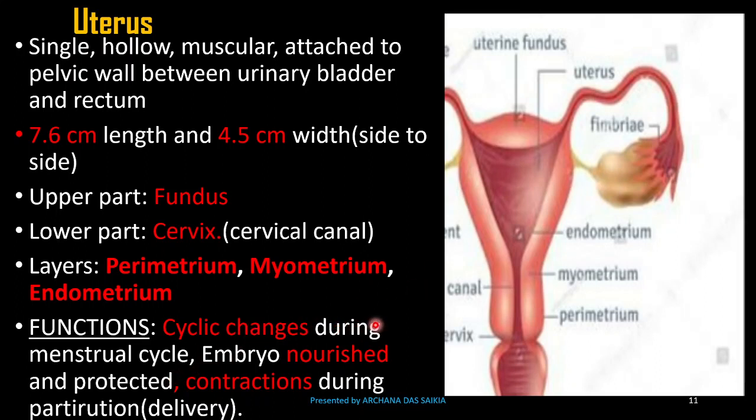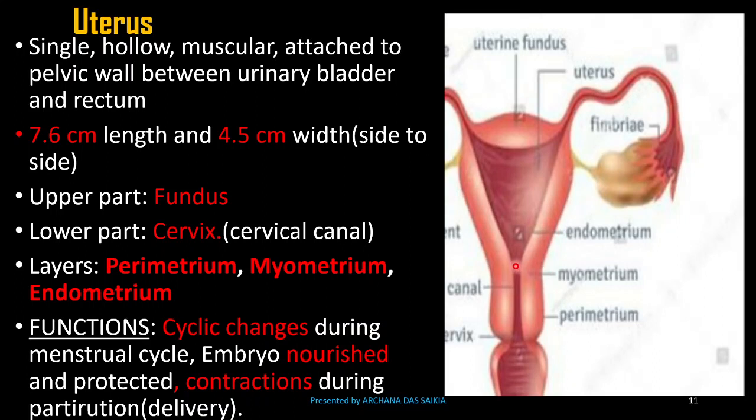The cyclic changes are carried out by the uterus. Then the embryo is nourished and protected, and contractions occur during parturition or delivery. So these are the main functions of the uterus.